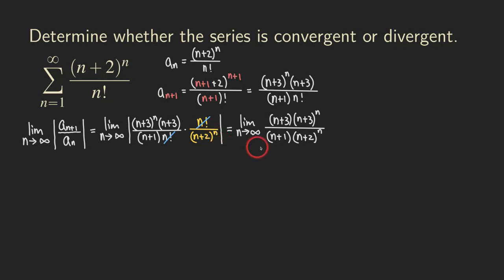Now when we consider this limit, we can put n plus 3 and n plus 2 together because they both have the same exponent.